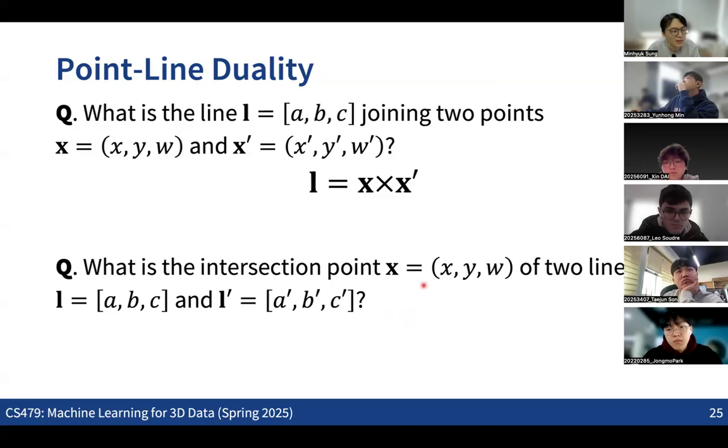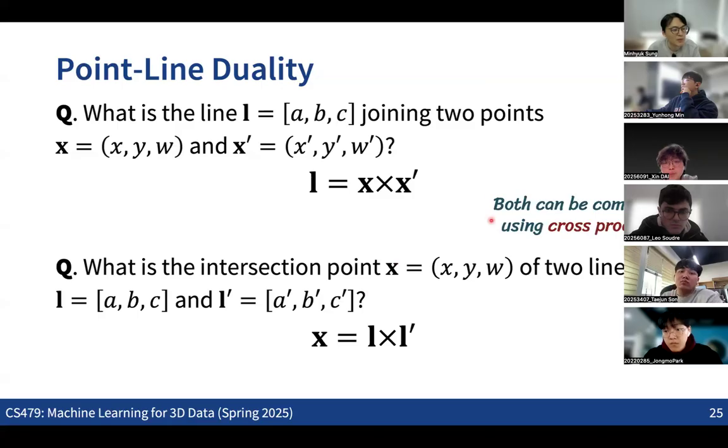We are also finding a three-dimensional vector whose dot product with these two becomes zero, and we can find the intersection point by taking the cross product of these two. So the line joining two points and the point where two lines intersect can both be computed using the cross product. This is called the point and line duality, in that we can find these two things by just using the same cross product.